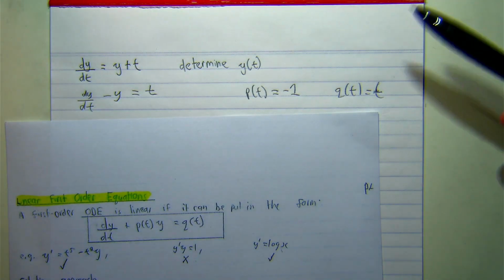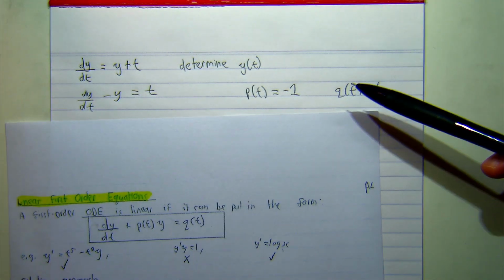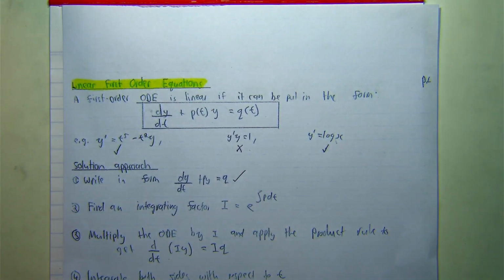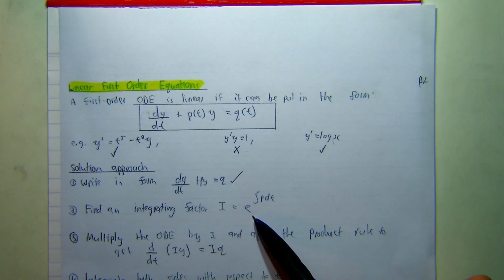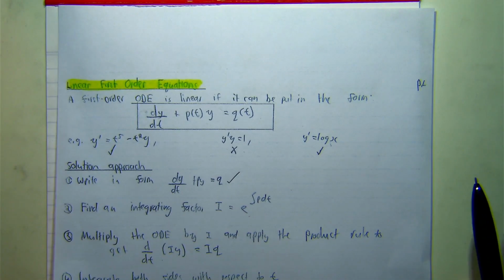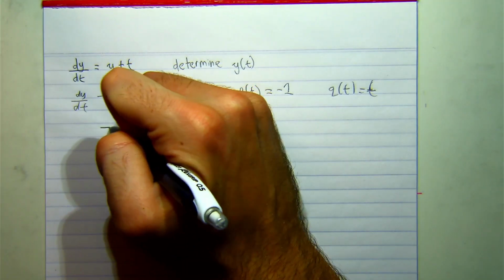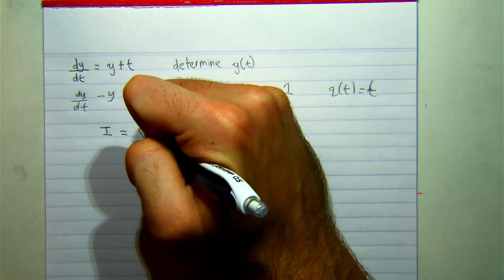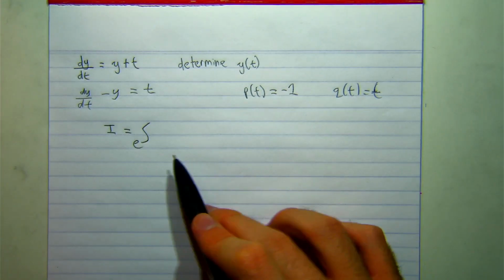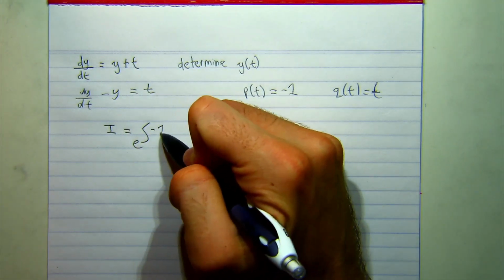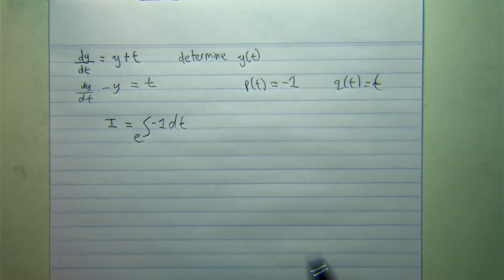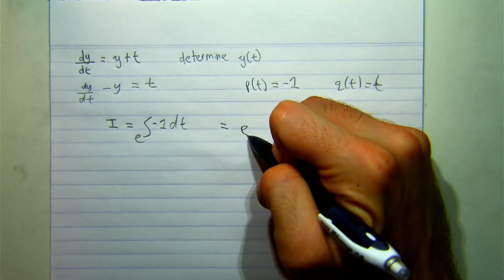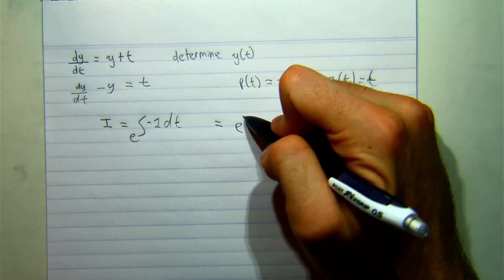Okay. And then we've completed step 1. Tick. Step 2, find an integrating factor: I is equal to e to the power of the integration of p of t dt. So I is equal to e to the power of the integration of p, which is minus 1, dt. So that is equal to e to the minus t.